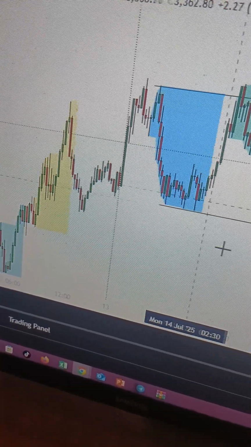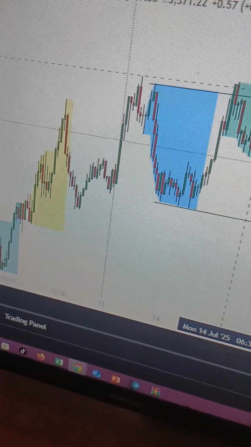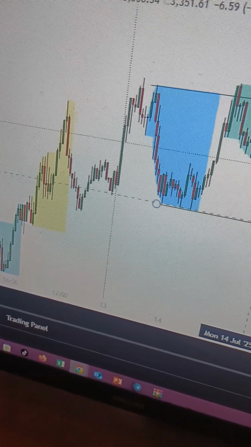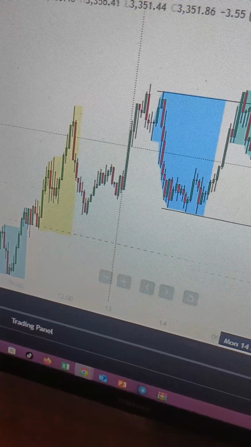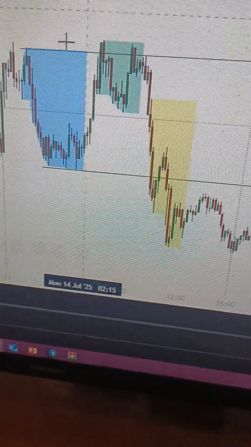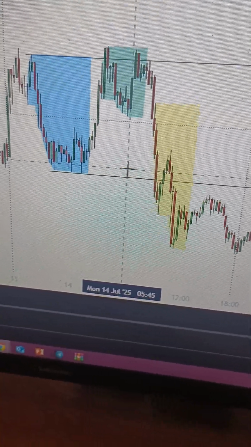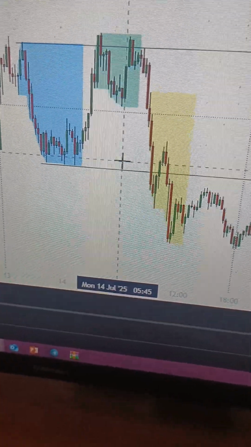So what I'm expecting is if we take the Asian high, I will be targeting the Asian low. If we take the Asian low, I will be targeting the Asian high. This doesn't happen every day, but when it happens, it gives you a good trade.